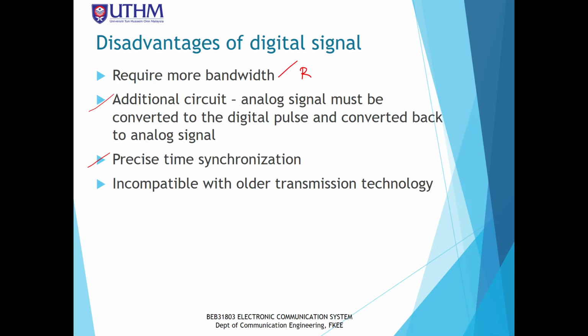They must be synchronized in terms of time, so the transmitter cannot suddenly send the signal. The receiver must be aware when the transmitter wants to send the signal. Okay, and then it is incompatible with certain older transmission technology.